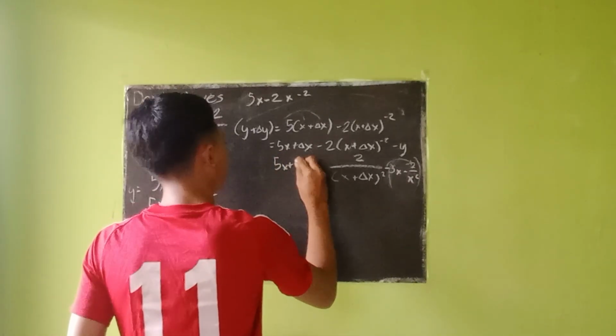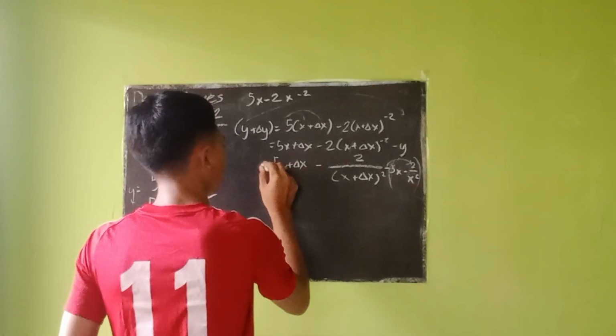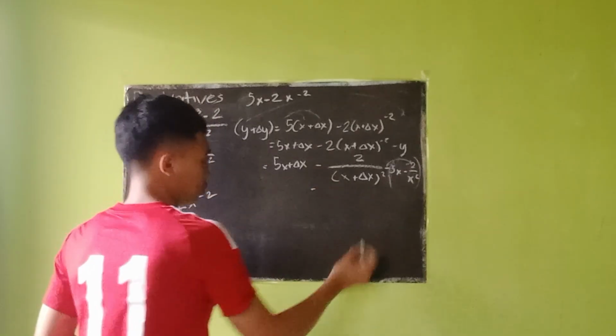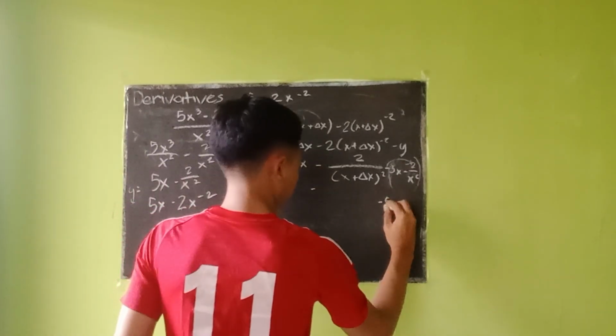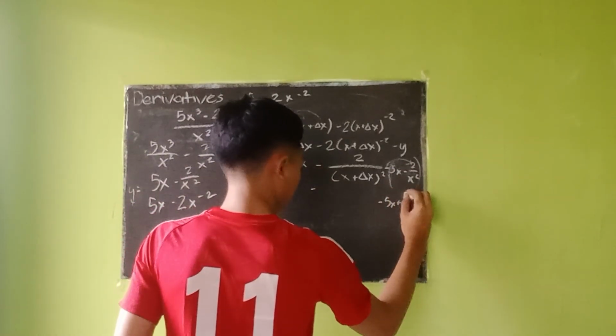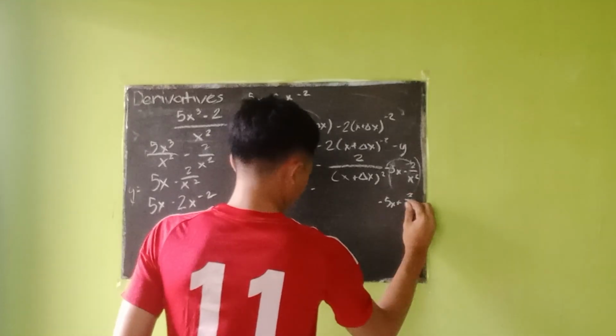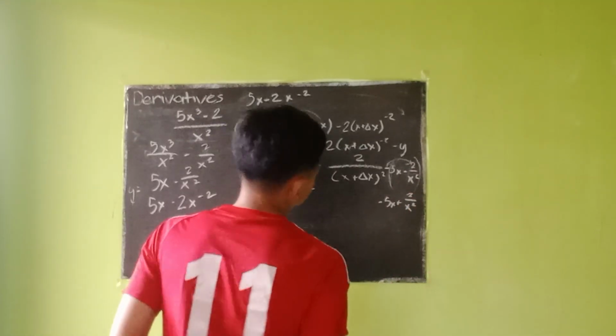Plus that one will also make it negative 5x plus 2 over x squared.